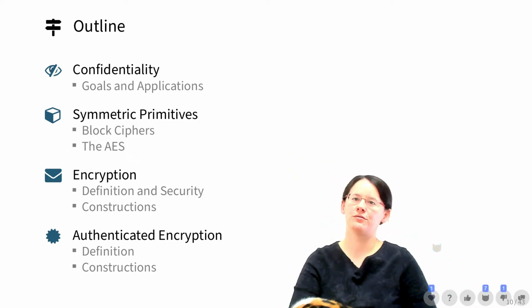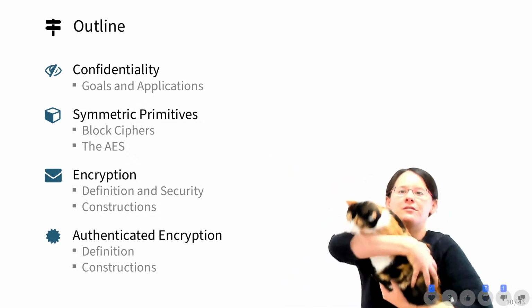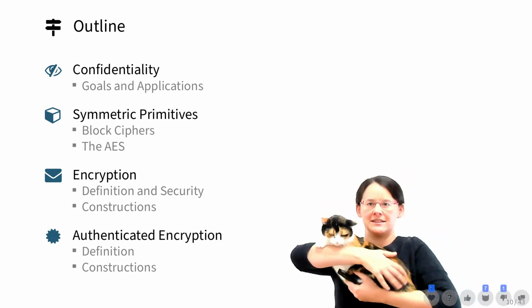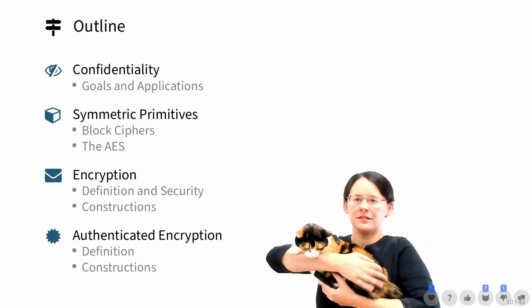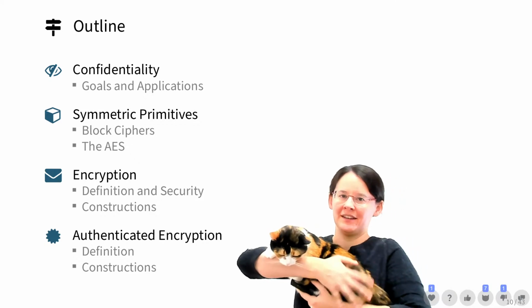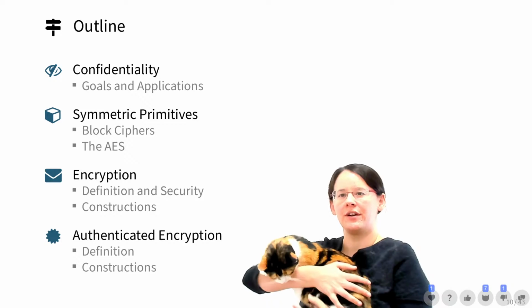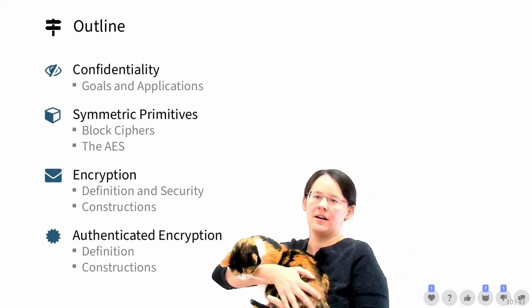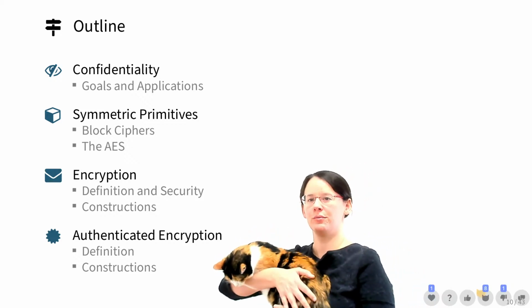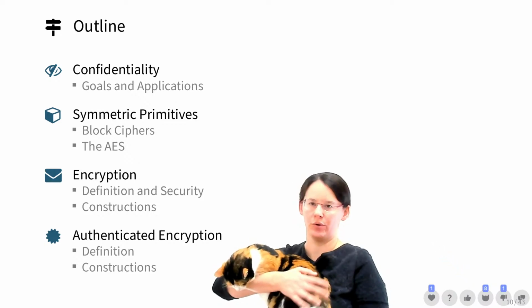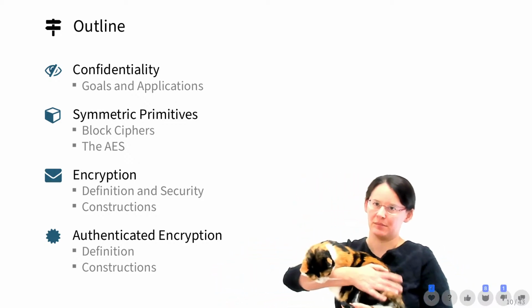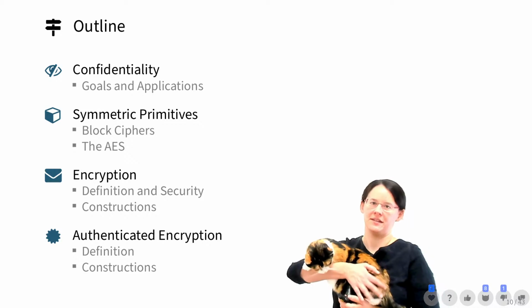And we will look at the most famous example of a symmetric primitive, and that is the block cipher AES. And after that, we're probably going to have a break. That's at least the plan, timing-wise. And afterwards, we're going to look at two different higher-level constructions, which are the actual functions that we want to call when we encrypt something: pure encryption and authenticated encryption.